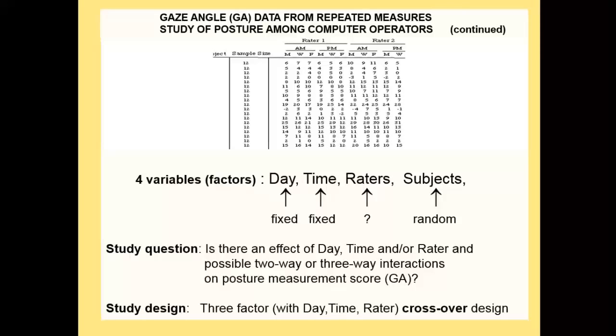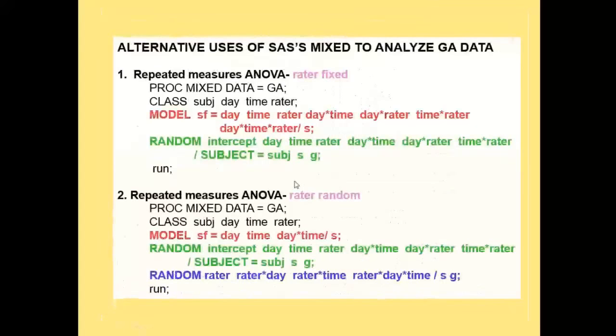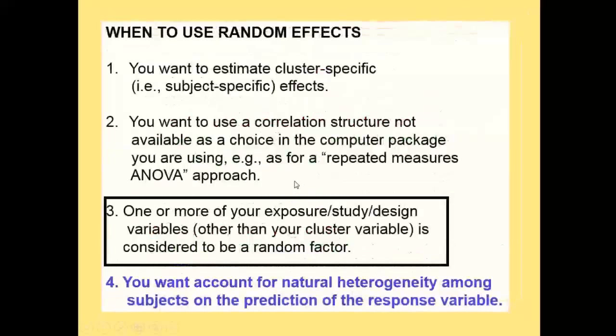And we'll talk about that. Now, the difference in this example, and this is a third reason for using random effects, is that one or more of your exposure variables, remember the exposure variable was day and time when you did shoulder flexion? Now you've got 3 exposure variables: day, time, and rater. Rater is an exposure variable. It's not a confounder.